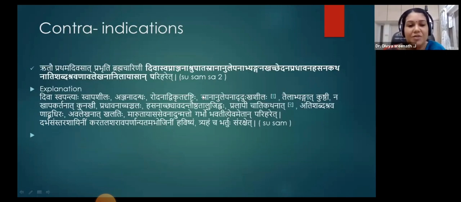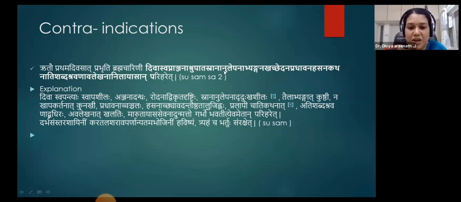And in Susruta Samhita, we can see some more things are contraindicated, like Diva Swapnam, Anjanam, Asrupatanam, Snanam, Anulepanam, Abhyangam, Nakha Chedana, Pradhavana, Hasana, Kathana. There are so many things contraindicated. From the first day onward, she should observe celibacy, brahmacharini, and avoid these things.